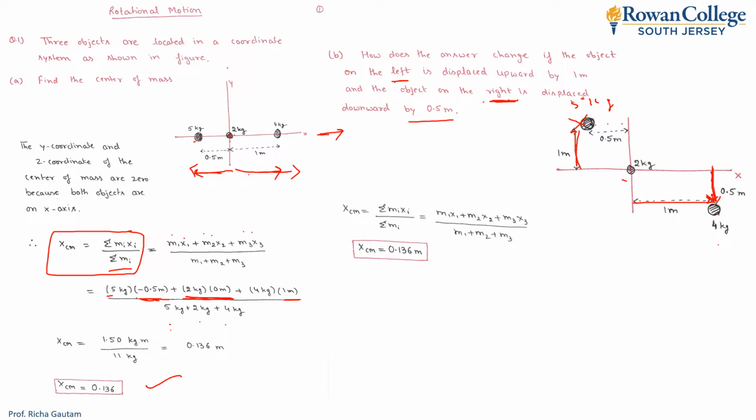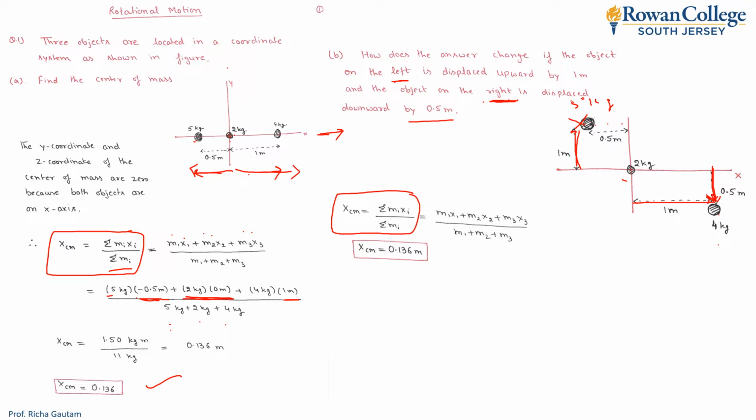So now for this position, the center of mass will have its x-coordinate as well as the y-coordinate. We have the same formula for the x-coordinate: the summation of m_i x_i divided by the summation of m_i.